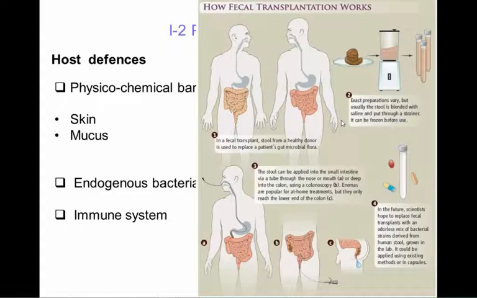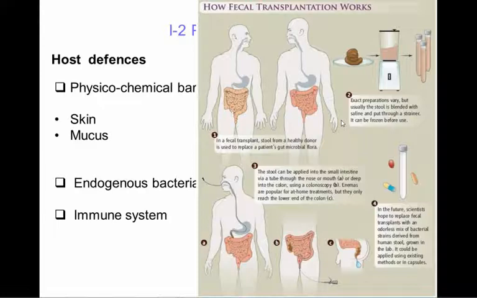Okay, so the idea is you've got a healthy person here with a healthy gut bacteria, and there's somebody here who's got a Clostridium difficile infection with antibiotic-resistant pathogenic bacteria that are causing a lot of problems.